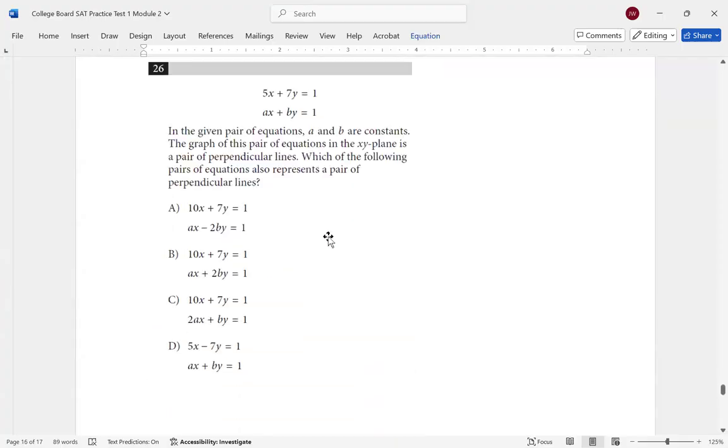Problem number 26 says, in a given pair of equations, A and B are constants. The graph of this pair of equations in the xy plane is a pair of perpendicular lines. Which of the following pairs of equations also represents a pair of perpendicular lines?